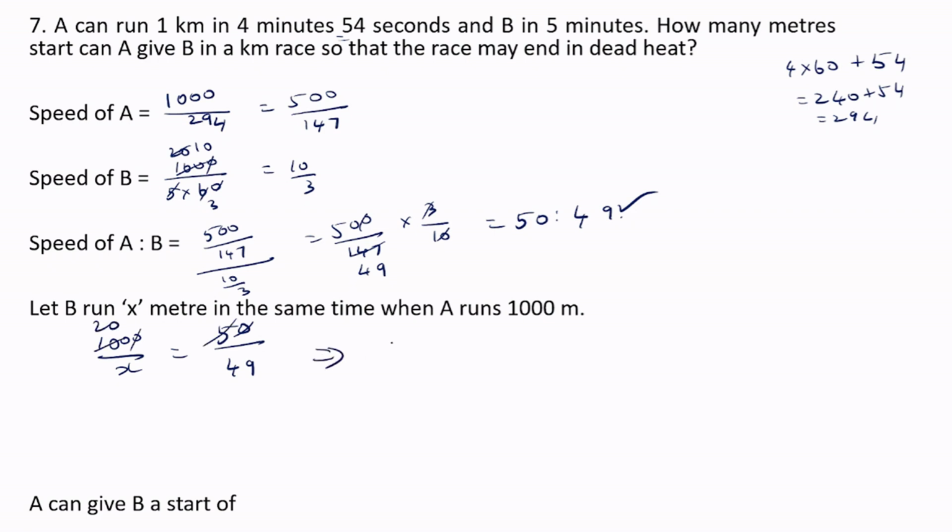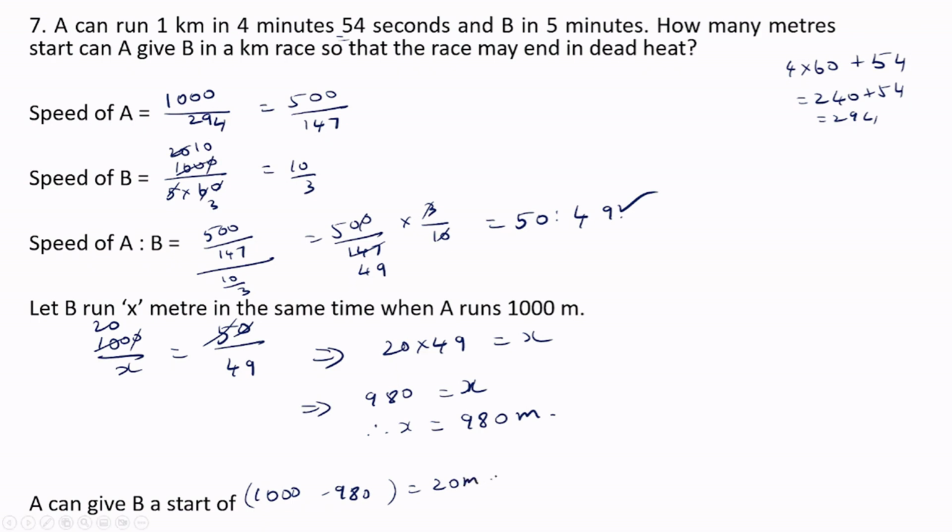From this we get 20 into 49 equal to x, or 980 equal to x. Therefore, x equal to 980 meters. So, A can give B a start of 1000 minus 980, equal to 20 meters. So, this is how we have to go about for this question.